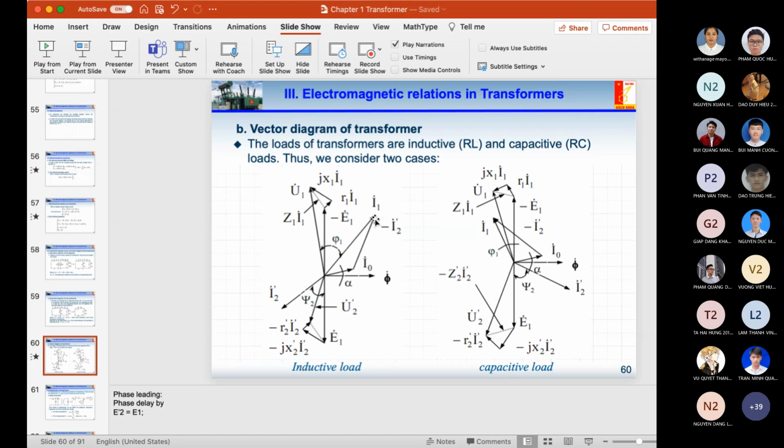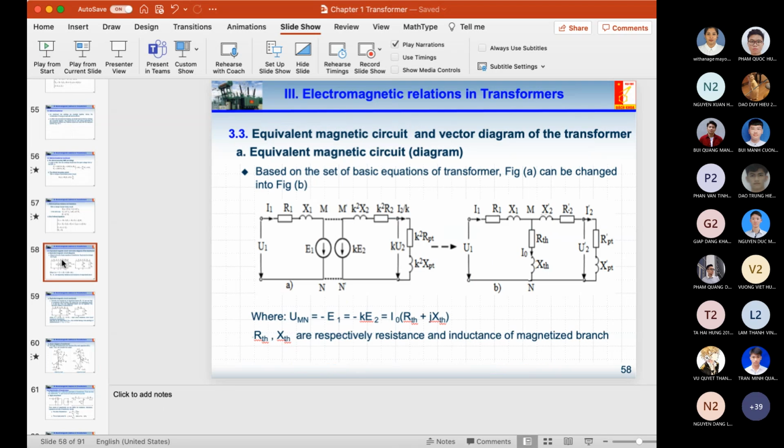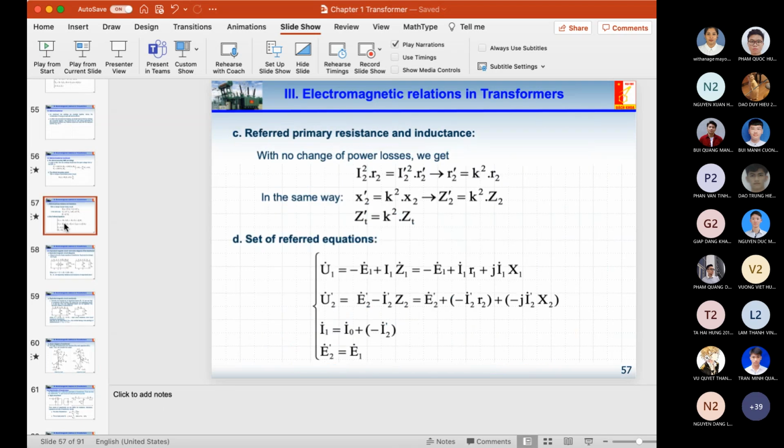Now if you come back to the voltage balance equation of the primary winding, you can see E1 is equal to minus E1 plus I1 R1 plus j I1 X1.